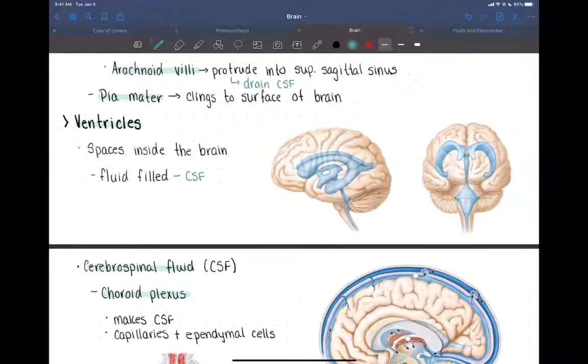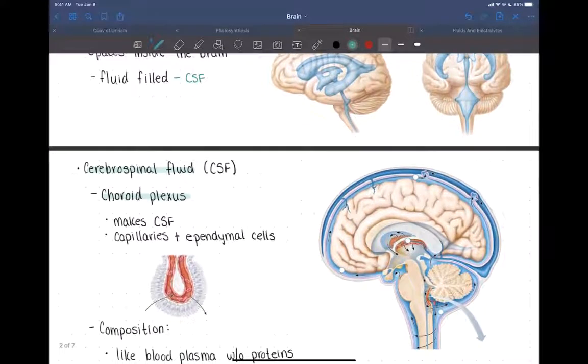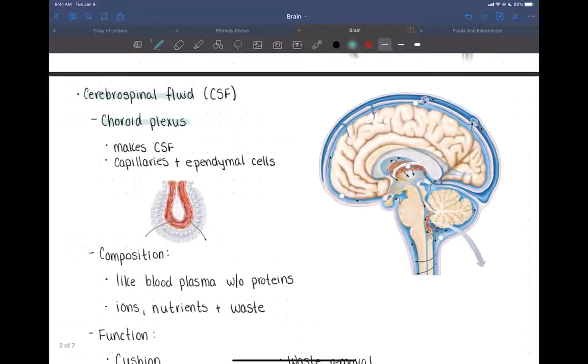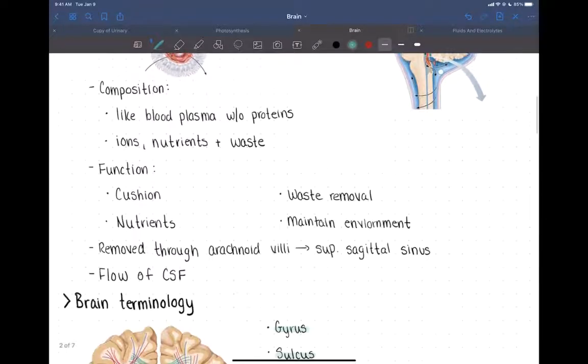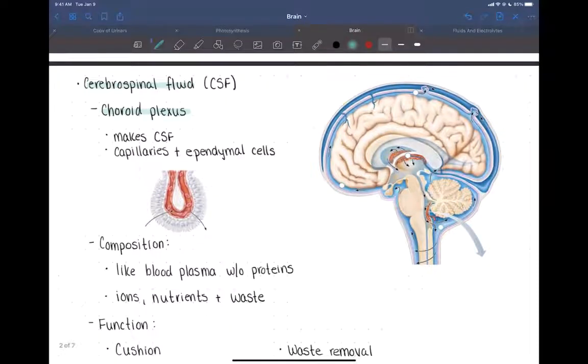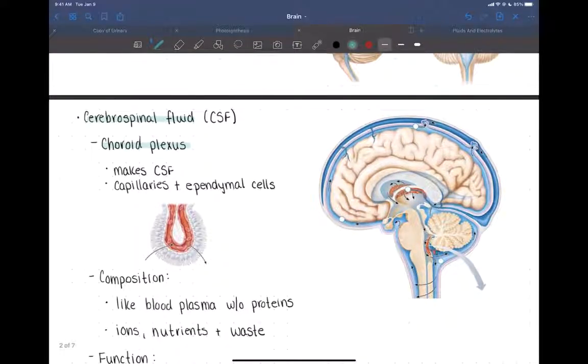So let's talk a little bit about cerebrospinal fluid, what it is, and how it's made. And then we will look at the different ventricles of the brain. We'll probably go back up to that picture and label what those ventricles are called. So CSF is made by what is called the choroid plexus.